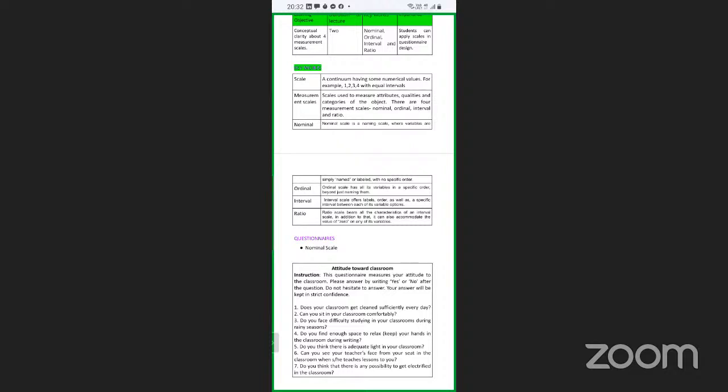Next one. So next is ratio. Ratio scale bears all the characteristics of an interval scale. In addition to that, it can also accommodate the value of 0 for any of its variables. Very good. So ratio scale is very advanced.